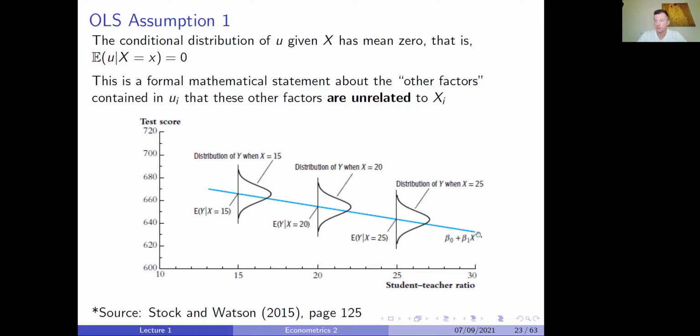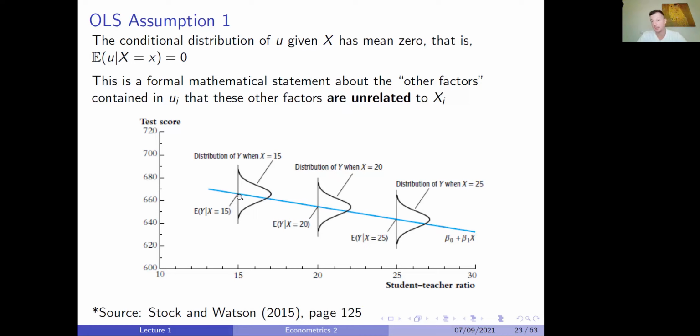And the illustration is shown here. So if you have a population regression line, beta 0 plus beta 1x, and now you have the value of student-teacher ratio 15. And as you remember about those points of data, so those points appear above or below the line. And the distribution of this error term around the line, or distribution of y when x is 15, is centered exactly at this line.